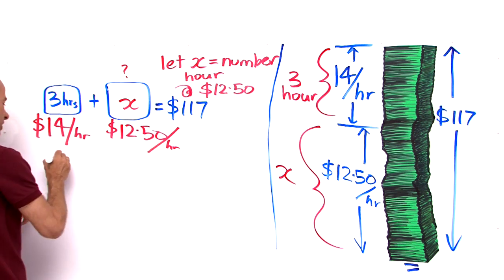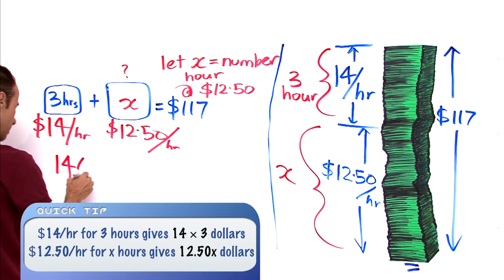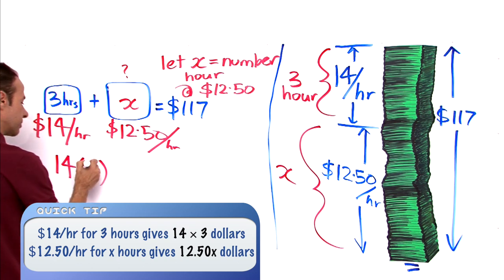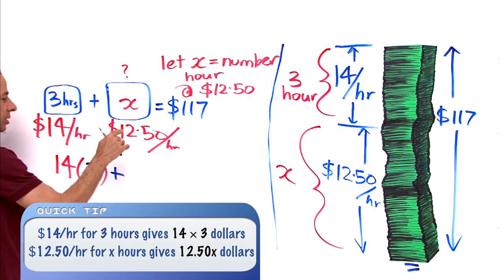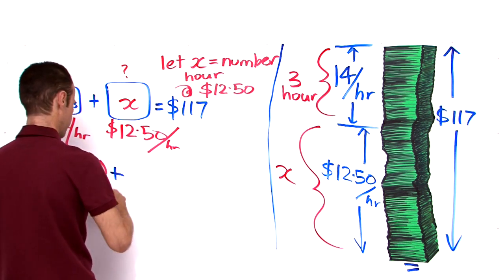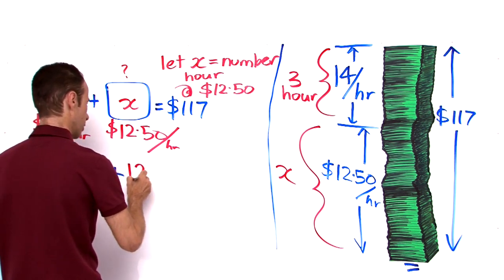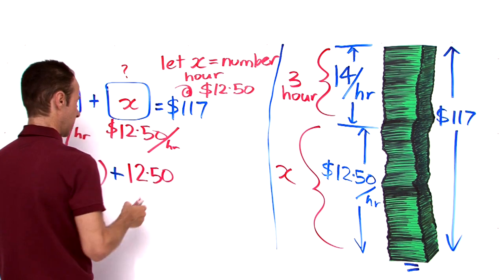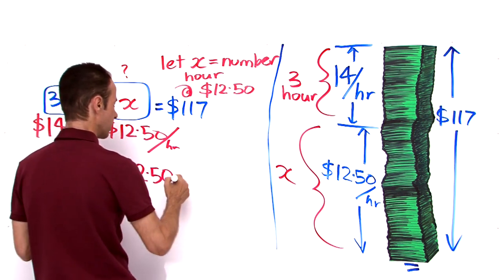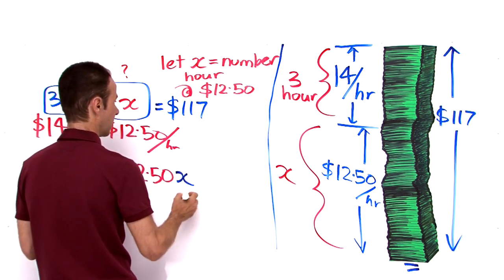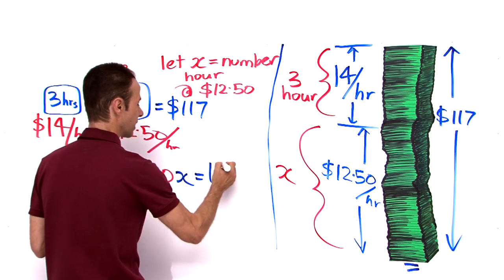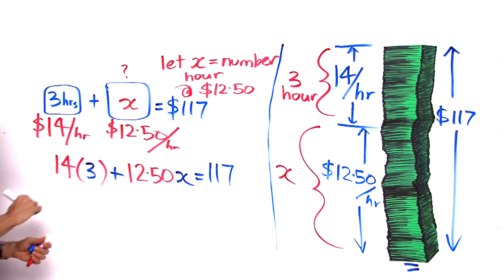Let's write the equation now. So that's 14 times 3 hours plus $12.50, and the missing unknown is X, and that's going to equal $117. So there's our equation.